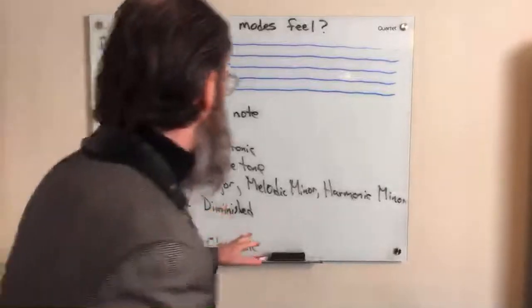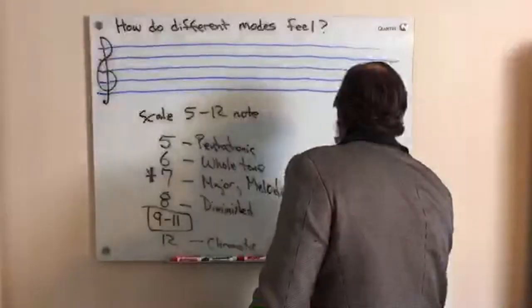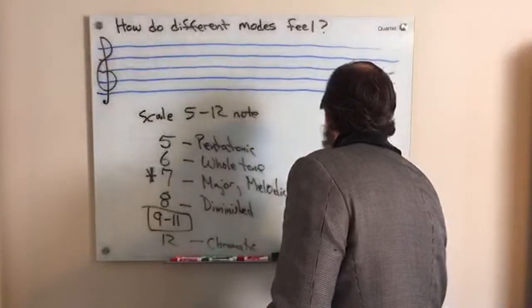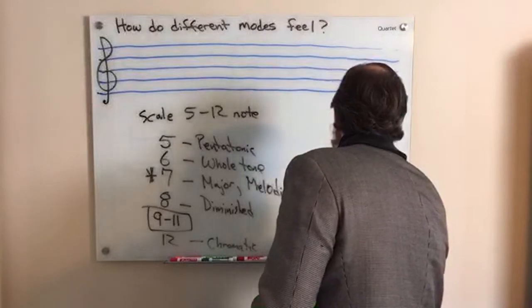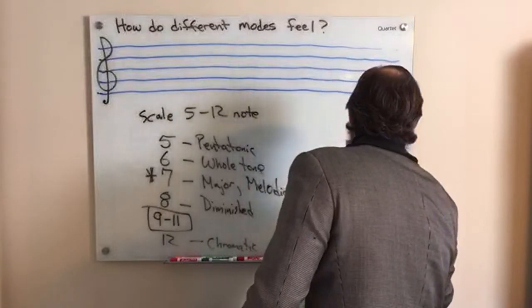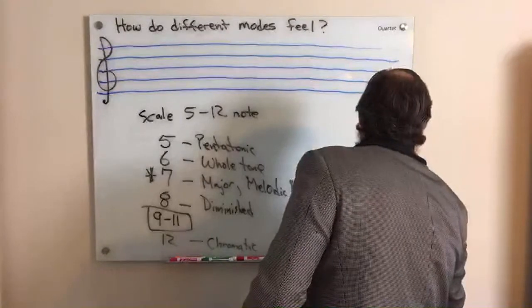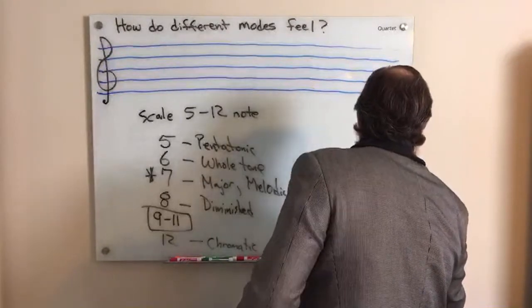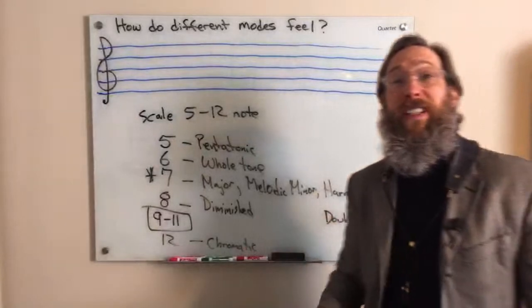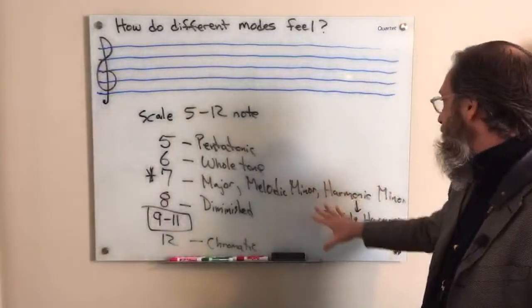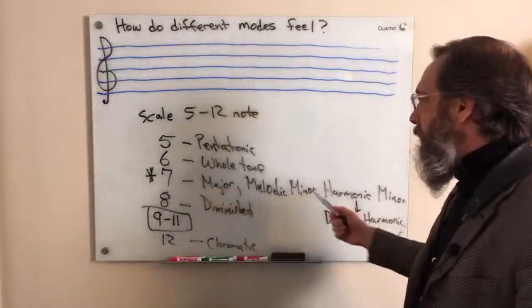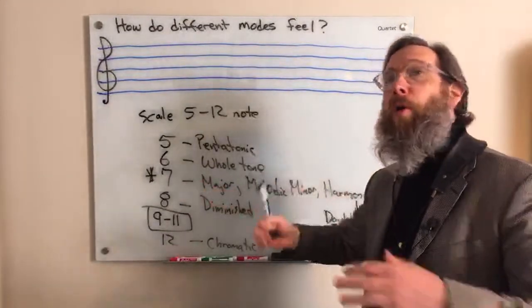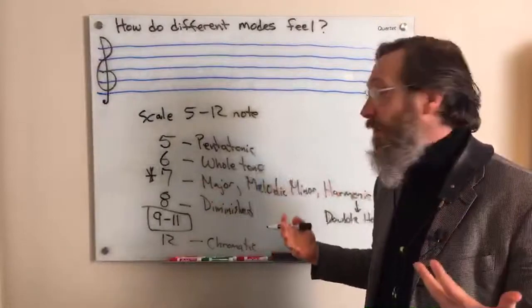And within 7-note, you even get into other things like double harmonic minor and what are often referred to as the gypsy scales. So 7 has by far the most numerous different kinds of scales.